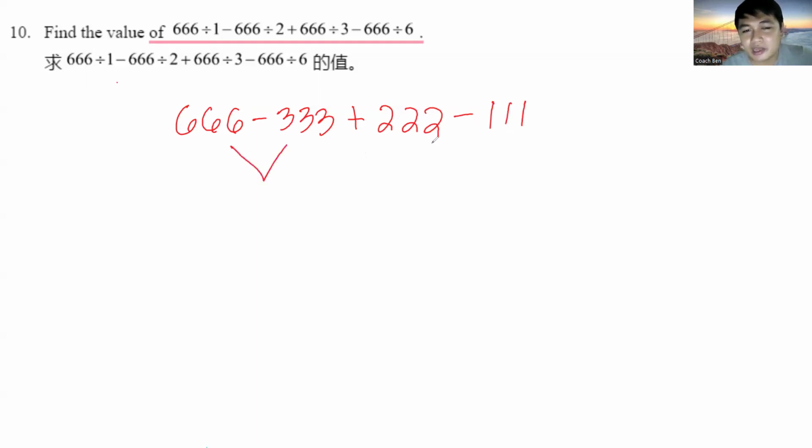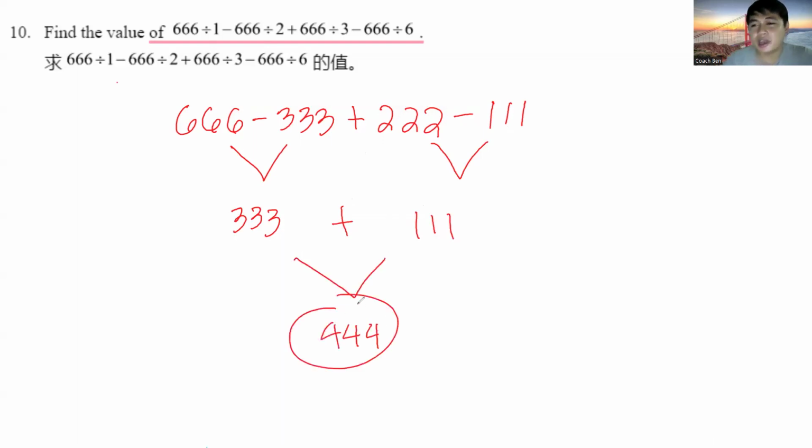We can group them together. 666 minus 333, that's 333. 222 minus 111, that's 111. Add them again, that's 444, and that should be our final answer. Are there any questions for number 10? No, sir. Okay, thank you for that.